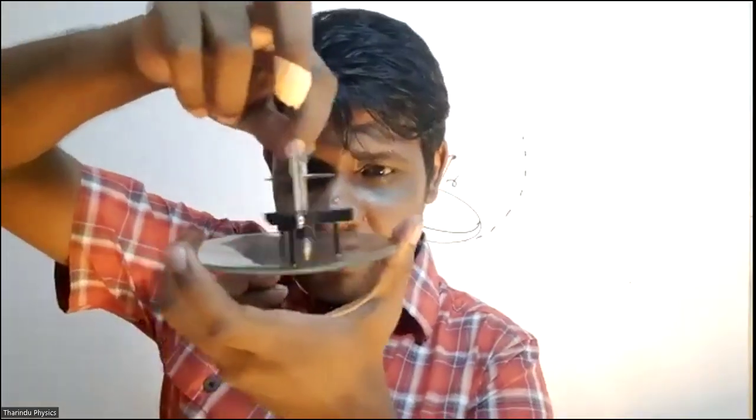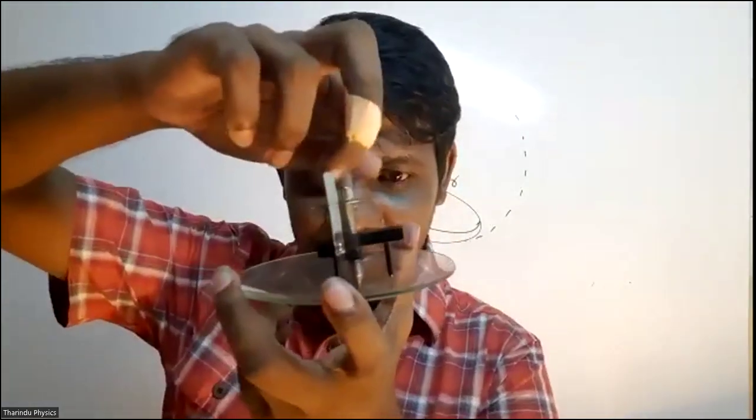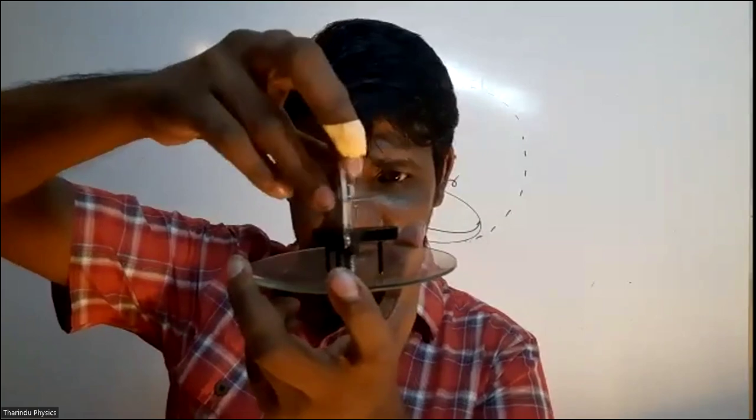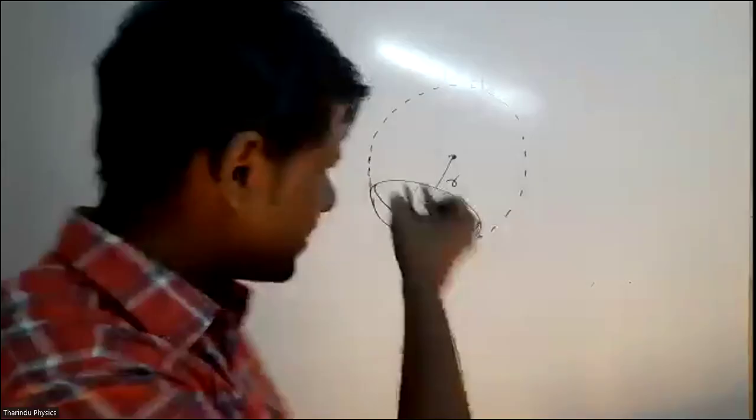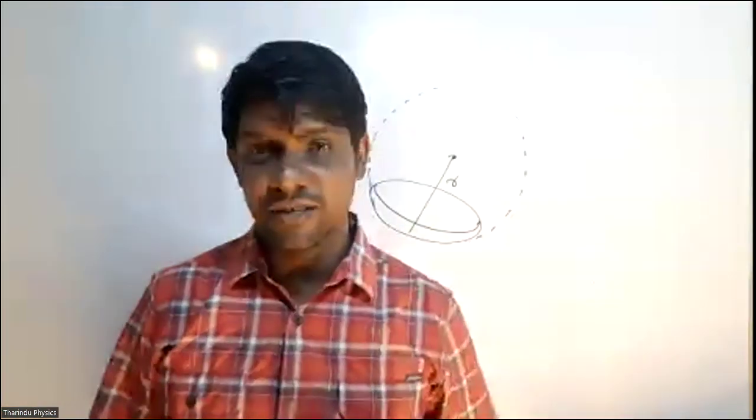You have to hold it like this and lower the pin of this one until it touches, and there will be a reading on this one. Using this reading, you are just going to find a few millimeters on this very small reading. Actually, using such a small reading, you are going to measure the curvature of this spherical surface.